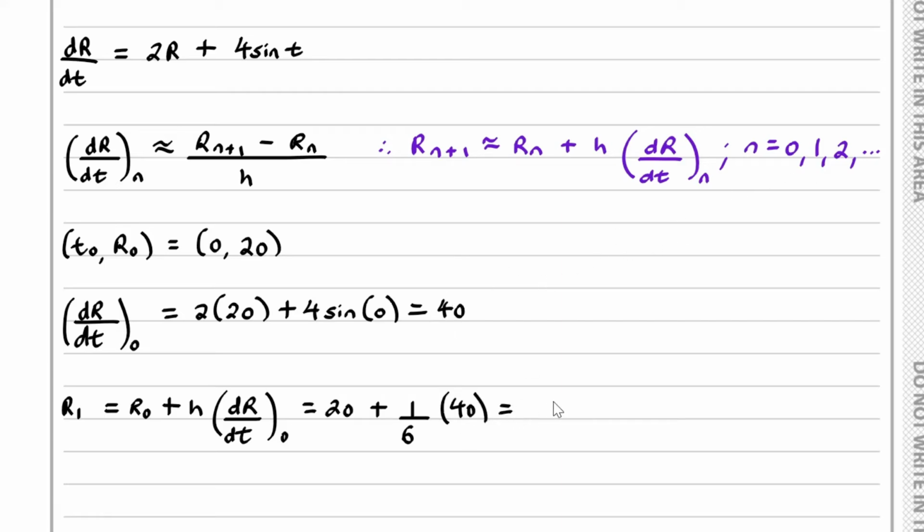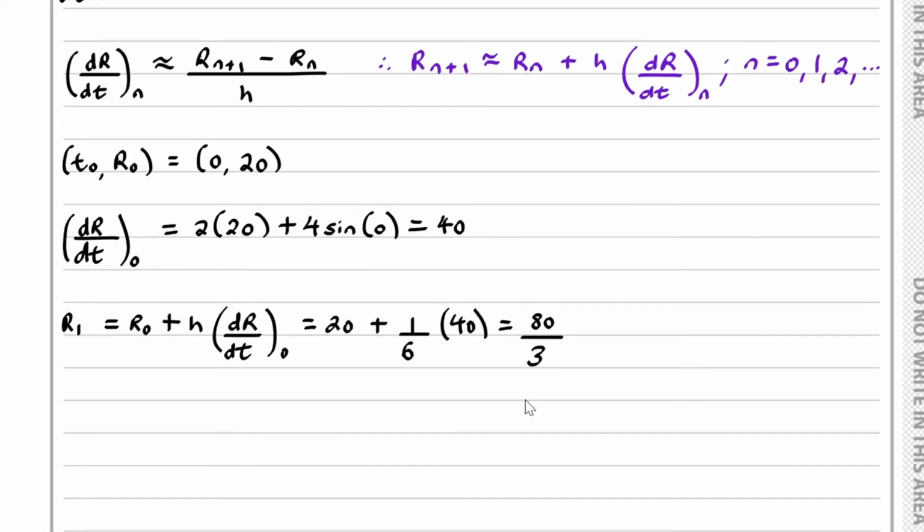If we work this out, it turns out we get 80 over 3. Okay, and now that we know what R1 is, we can therefore conclude that t1, R1 is equal to 1/6, 80 over 3.